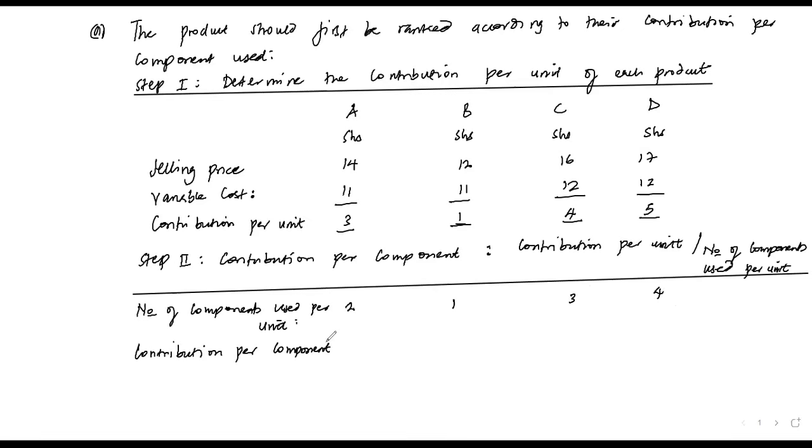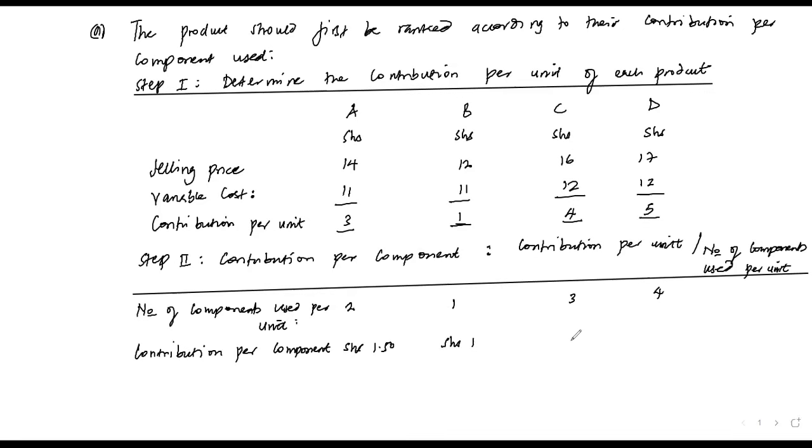How do we get the contribution per component? We get the contribution per unit divided by the number of components used to make a unit. So for product A, I'll get 3 divided by 2, that is 1.5. Then product B, it is 1 divided by 1, which is shillings 1 per component.